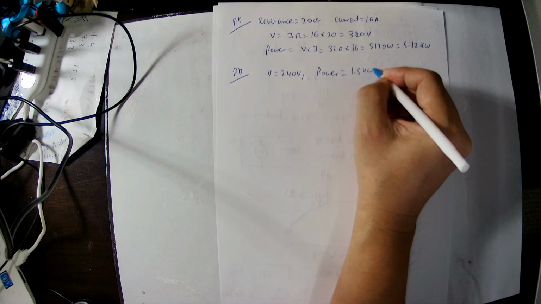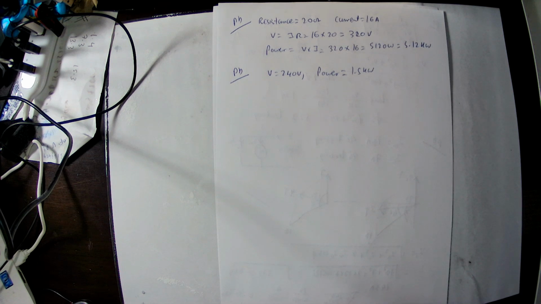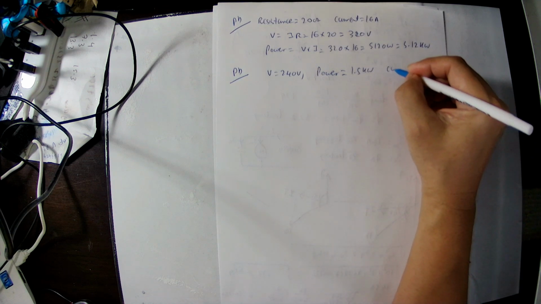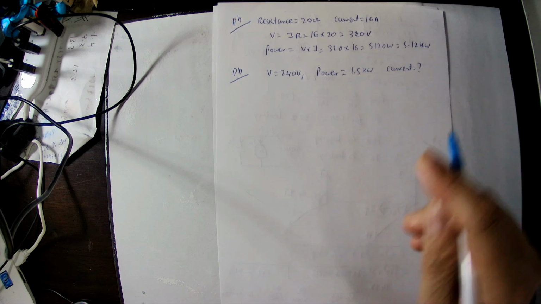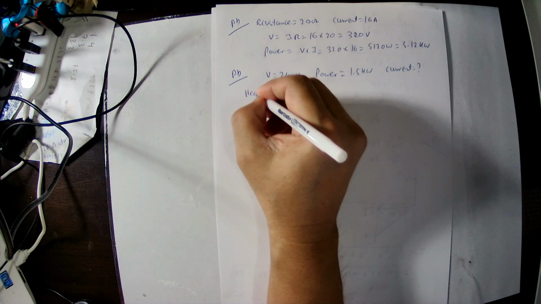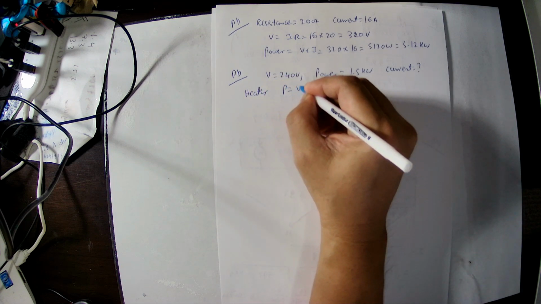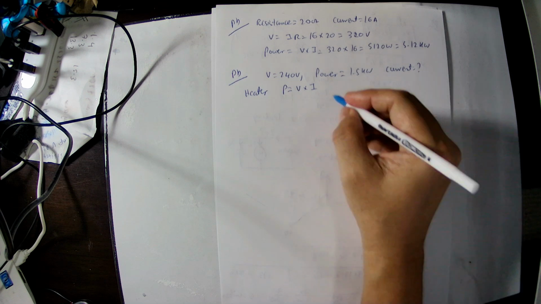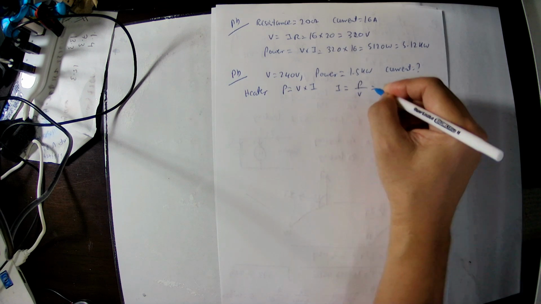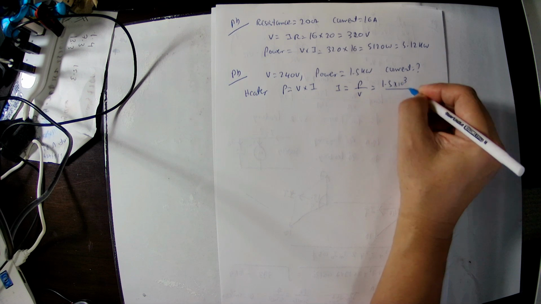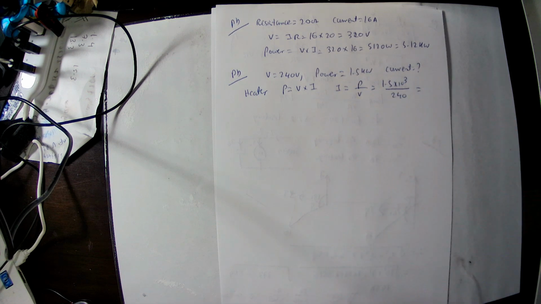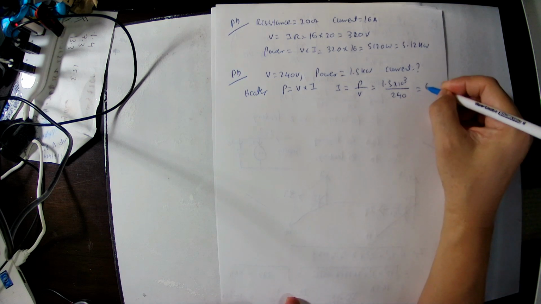Power is voltage multiplied by current, so current is power by voltage. Power is 1.5 into 10 power 3 divided by 240. So I equals P by V, 1500 divided by 240, which gives 6.25 ampere. The current is 6.25 ampere.